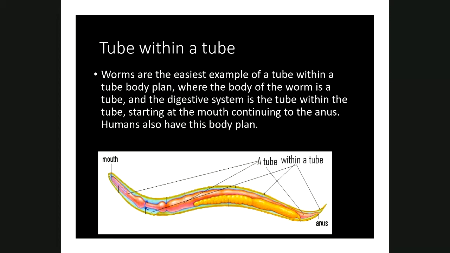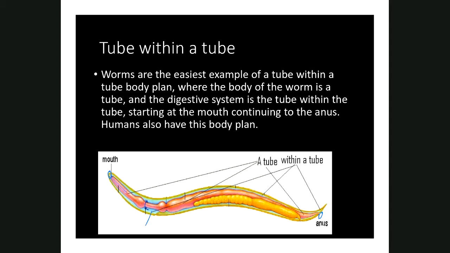Tube within a tube body plan, the best example is an earthworm, right? Or just any kind of worm, really. You have a mouth opening, you have an anal opening on the other end, and a digestive tube that connects the two openings. Outside of the digestive tube, but still within the body, is a coelomic space.